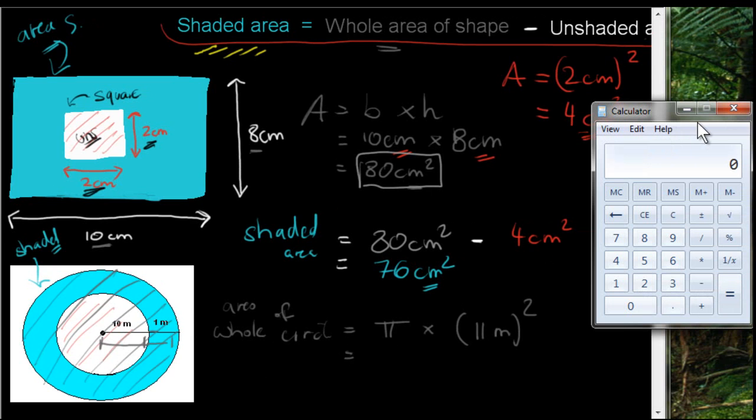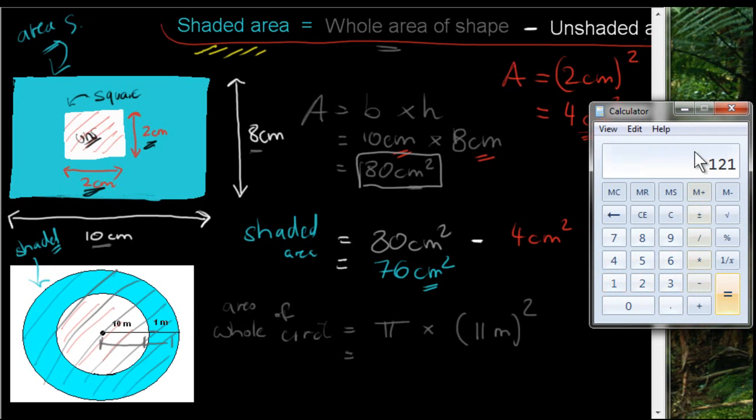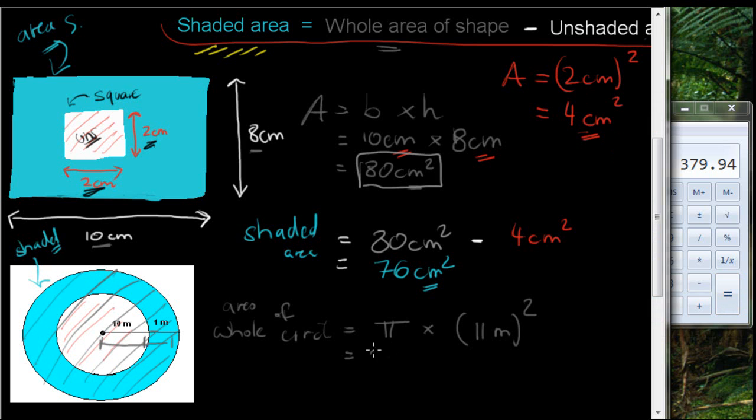First I'll do 11 squared, which is 11 times 11. Now this calculator doesn't have pi, but pi is basically 3.14, so I'm just going to times this number by 3.14. And now this whole is 379.94 meters squared. This would be the area which is the whole, right?